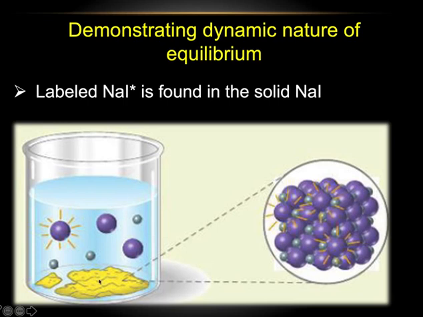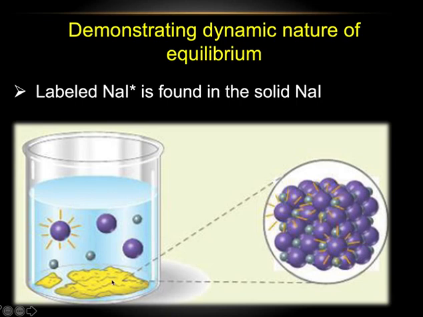So what's basically happening in this example is that there is a continuous exchange of sodium iodide. That means sodium iodide is getting dissociated from the crystal into the solution, and from the solution it is crystallizing back into the solid form. So this equilibrium is there, and because of this equilibrium, some iodide ions which we pour from outside now actually are able to get into the solid state over there, and from solid state an equivalent amount of iodide ions will come out of there.